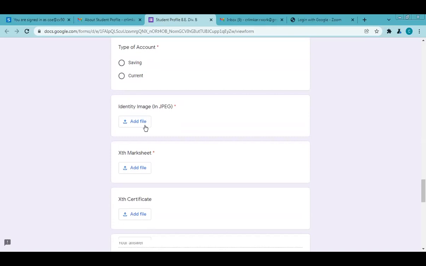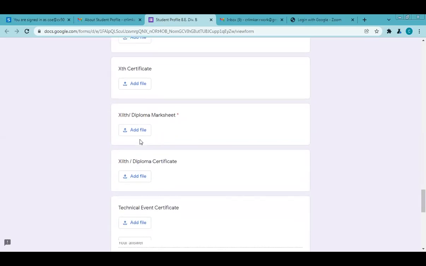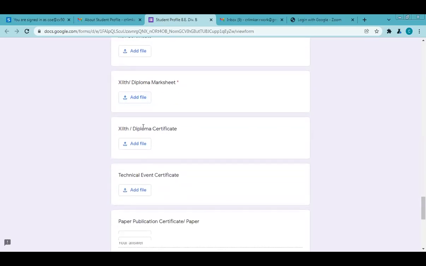Then you have to upload your JPEG image. Keep the size of that image between 4 KB and 100 KB, in the standard size of 3.5 centimeter by 4.5 centimeter. Then the 10th mark sheet, and the 12th or diploma mark sheet, whichever is applicable.